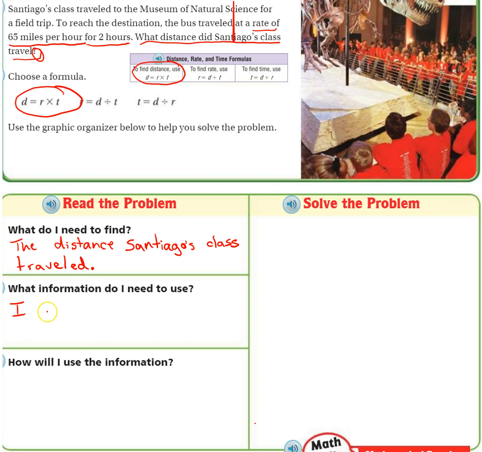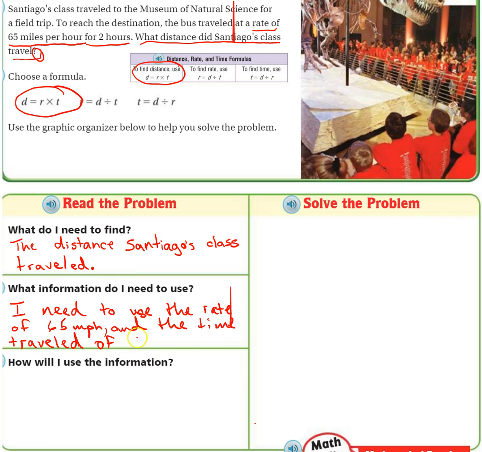I need to use the rate of 65 miles per hour and the time traveled of 2 hours.